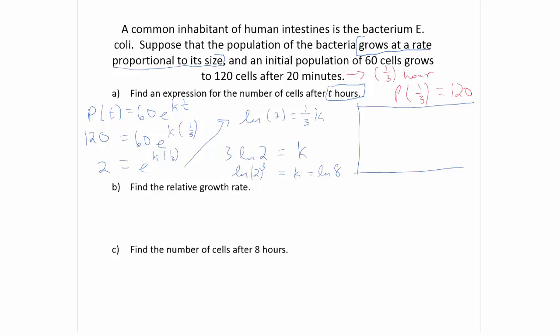So I'll leave that in exact form, and so then our population, p of t, is equal to 60 e to the natural log 8 t.